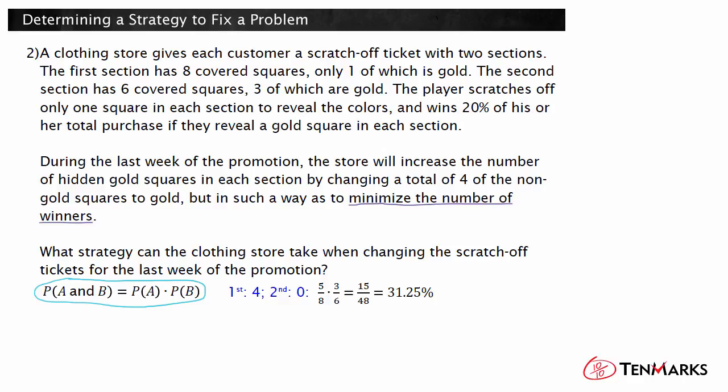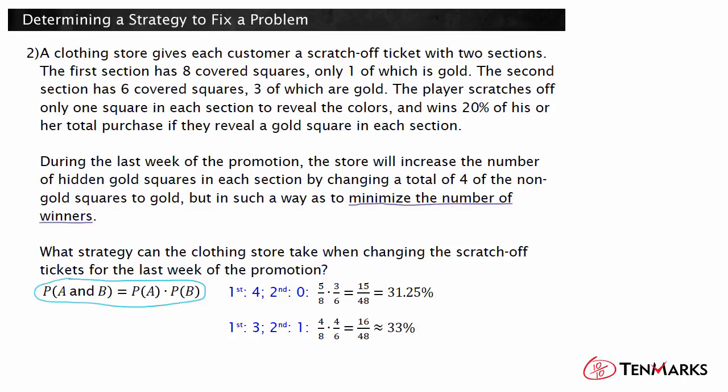So the probability of 2 gold squares is 31.25%. Adding 3 gold squares to the first row and 1 to the second row means there are 4 out of 8 gold squares in the first row and 4 out of 6 gold squares in the second row. So the probability of 2 gold squares is about 33%.